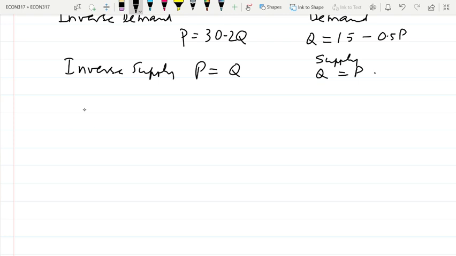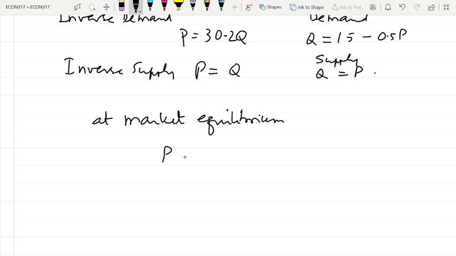So for finding the market equilibrium, we are looking for a quantity such that the price from the inverse demand function at that quantity is exactly equal to the price from the inverse supply.